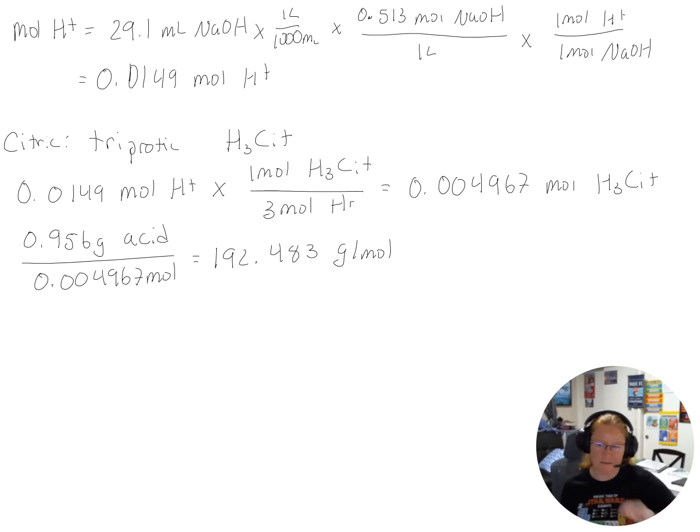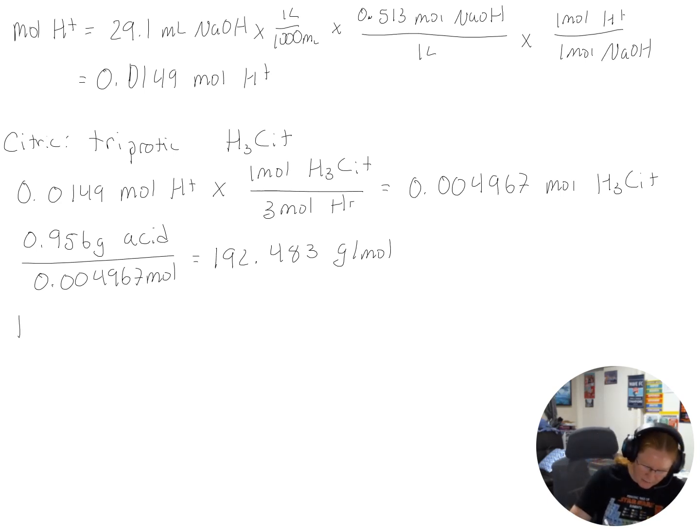Now, I said on the previous slide that citric acid had a molar mass of 192.1, so that's actually not bad for an experimental set of data. But let's go ahead and calculate the tartaric and see if what we get is anywhere close to the molar mass of tartaric acid, just so that we can be certain that this is citric acid. But right now it's starting to look like citric acid.